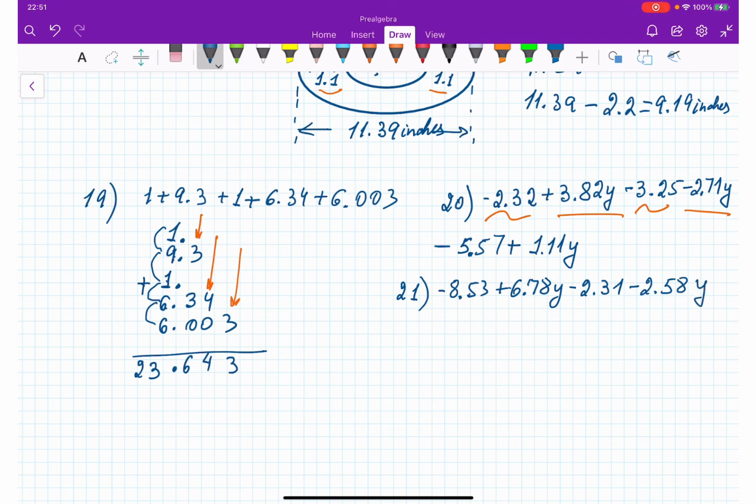Okay, like terms, this and this one and this one. So negative 8.53, negative 2.31. It's going to be negative and we are going to add, right?